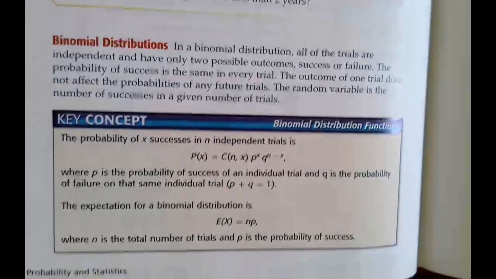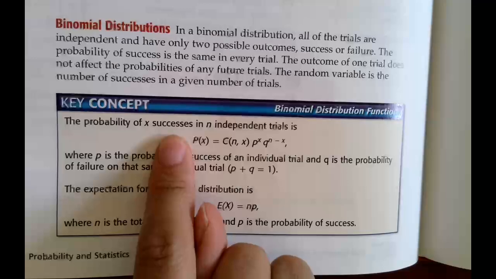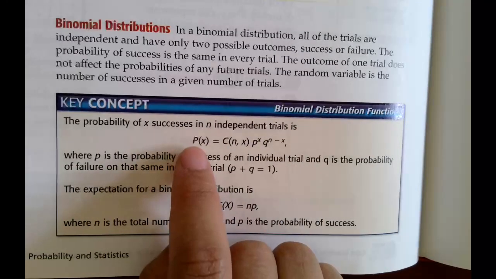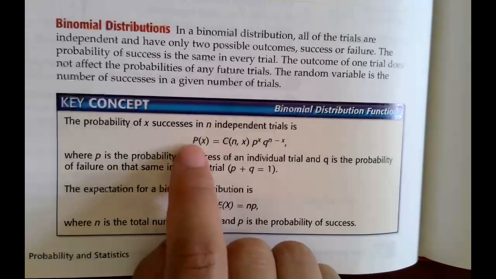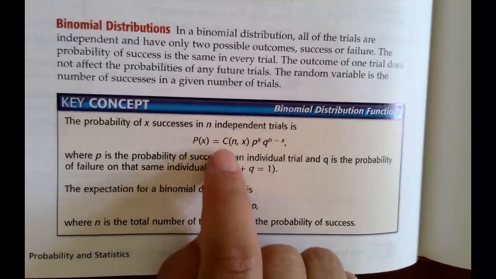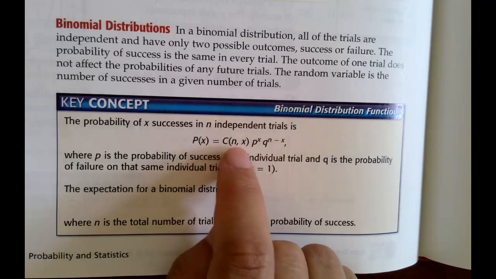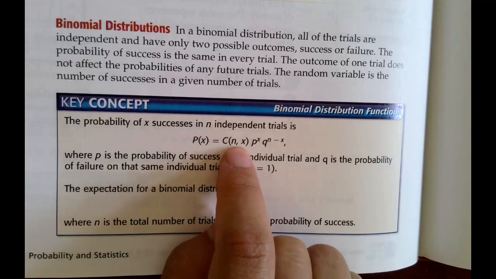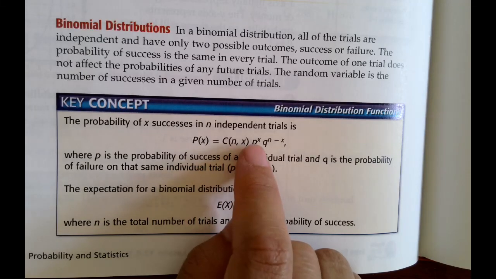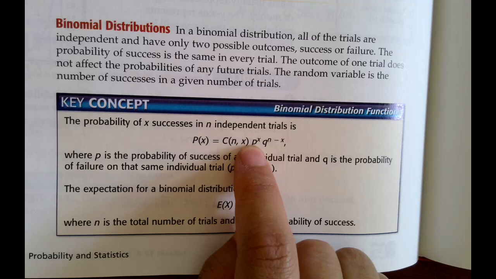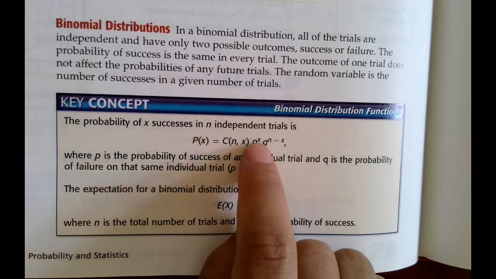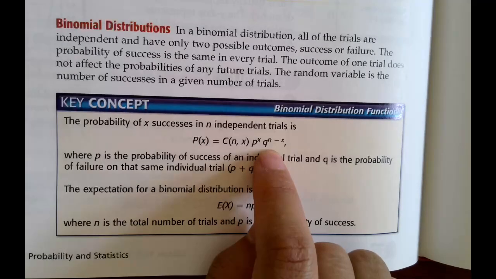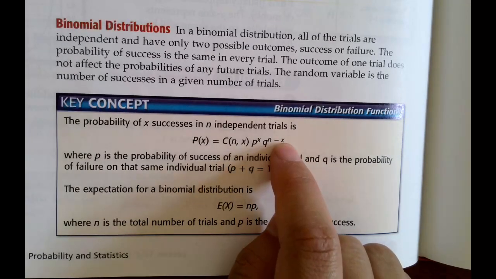So here, the probability of X successes, so the number of successes in a specific amount of independent trials, is the probability of X equals the combination of the number of independent trials and how many successes we want, multiplied by P, the probability of success, to the number of successes we want power, multiplied by the probability of failure to the n minus x power.